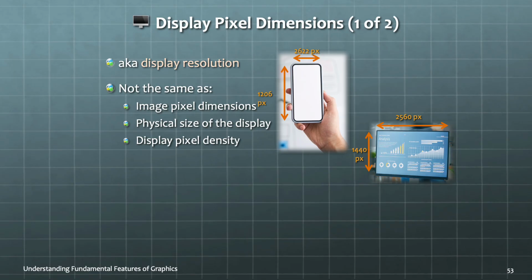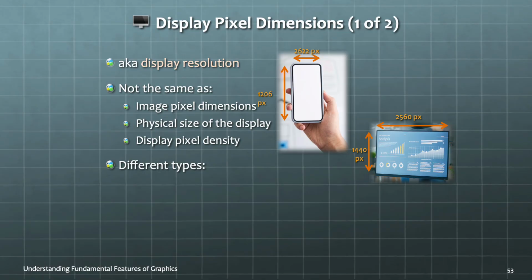However, those screen dots can form pixels of varying sizes. So in that sense, display pixels are like image pixels. They are both non-physical entities, with the difference that display pixels cannot be any smaller than the fixed dots on the screen. Image pixels do not have such a lower limit.